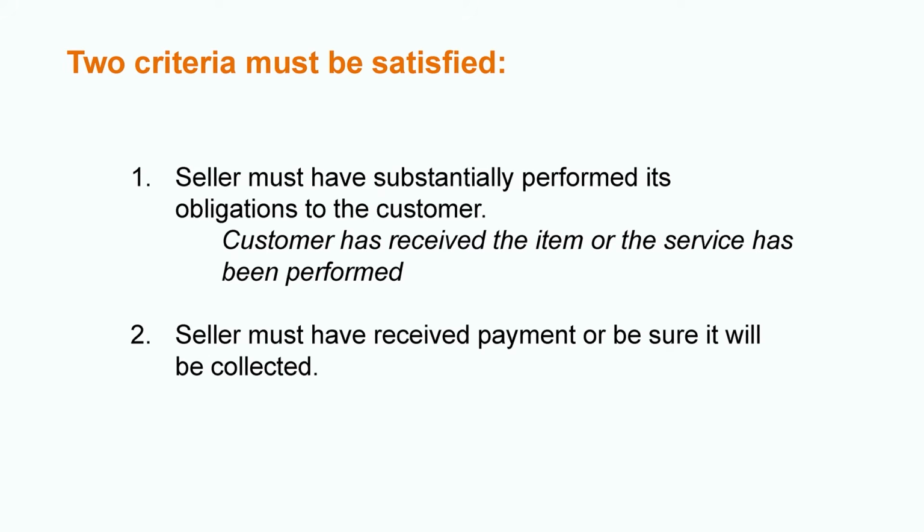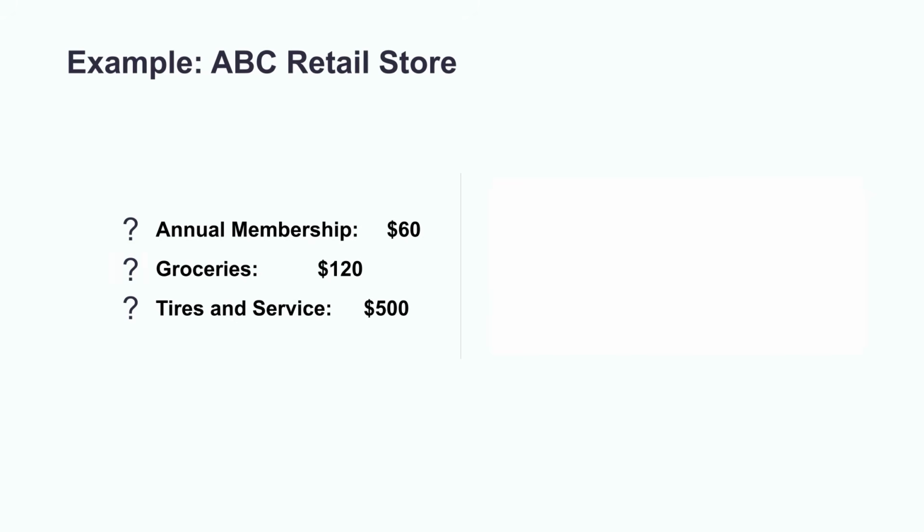financial statements. Now let's apply the criteria to an example where a portion of the revenue can be recognized at the time of the sale, with additional amounts being deferred to a point in the future. In our example, ABC Company operates a large retail store that requires customers to pay an annual membership fee to shop there. A customer comes in one day and spends a total of $680.